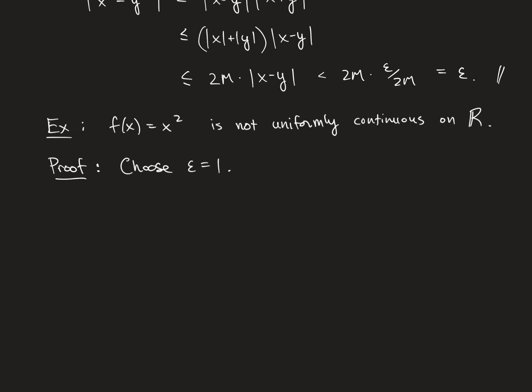So basically the point is that if we allow ourselves to take our x and y from the whole real line, for this epsilon equal 1, I can find x and y that are very close together on the real line. So x and y can be arbitrarily close together, but their images are separated by 1.